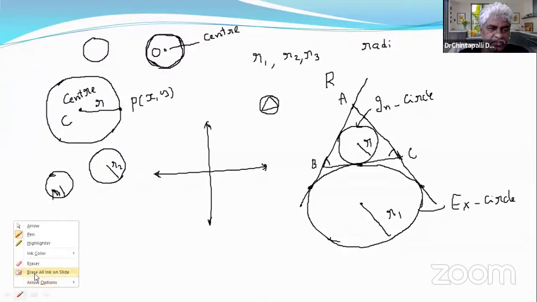Let's go further. As we discussed, the circle is the locus of points having the same distance from a fixed point. That fixed point is called the center. Let the center be C, with coordinates h comma k, and let P of x comma y be any variable point.